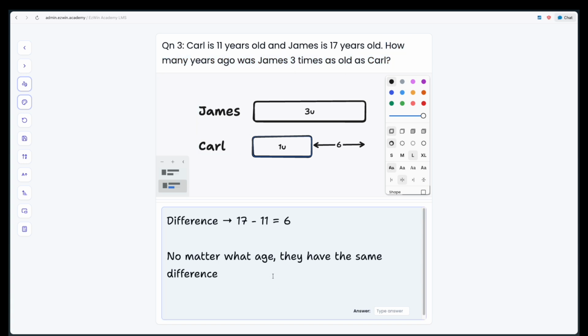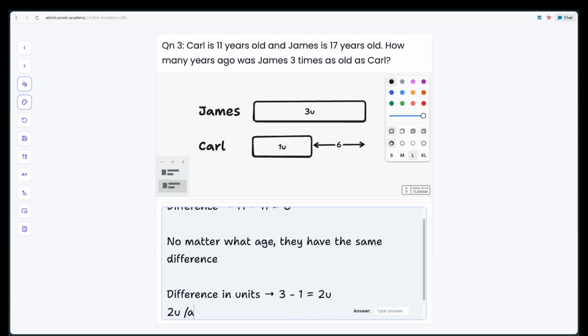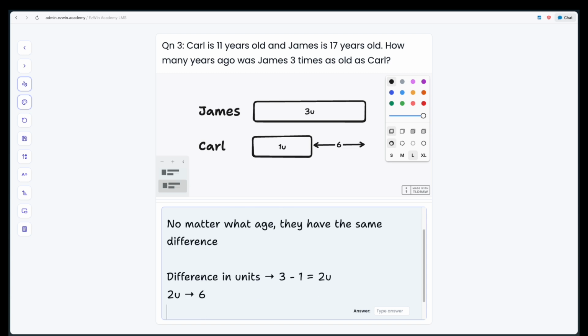So with that said, the difference will just be 6. Okay, and that means the difference in units is equal to 3 minus 1 equal to 2 units. That means 2 units equal to 6. And then 1 unit is equal to 6 divided by 2, which is 3.